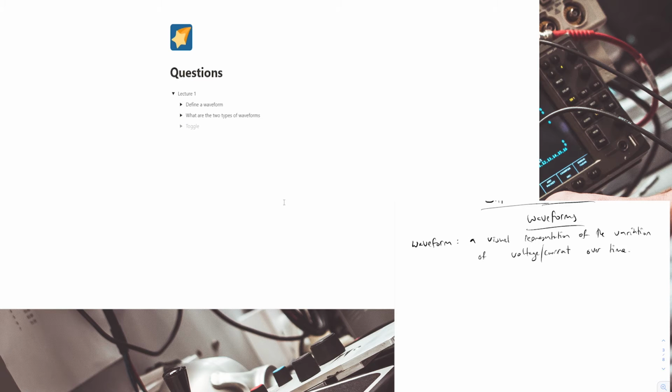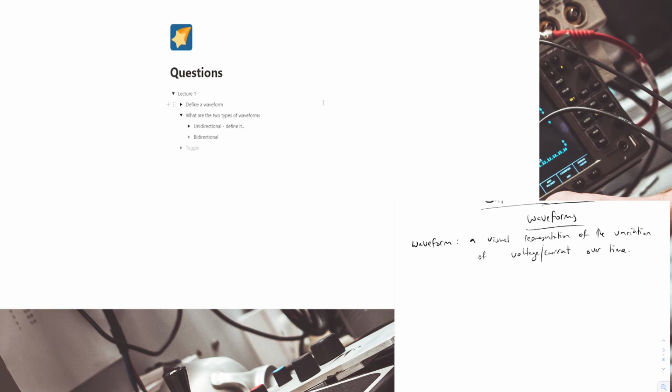And so now again, I could test myself. Define a waveform. A waveform is a visual representation of the variation of voltage or current over time. What are the two types of waveforms? You've got unidirectional and bidirectional. Unidirectional, define it. It is a waveform that never goes across the zero axis.